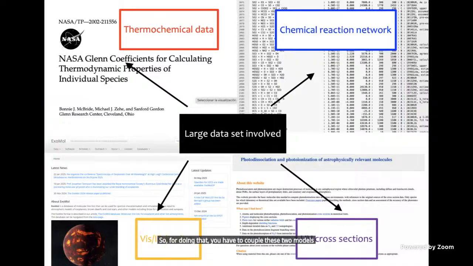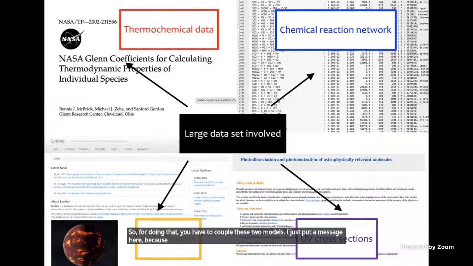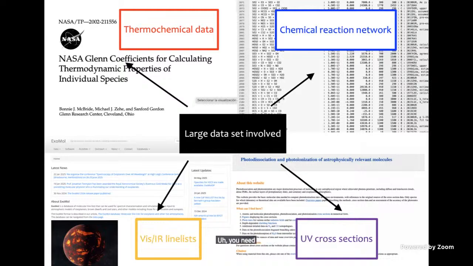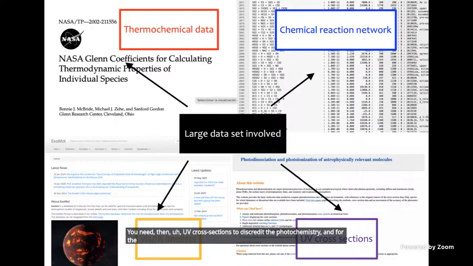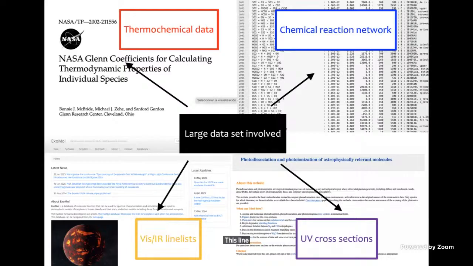I just put a message here because this kind of model starts to contain a lot of data. The type of data you need to build these models is thermochemical data, a reaction network, UV cross sections to describe the photochemistry, and, for the temperatures, line lists in the visible or infrared that set the opacity.